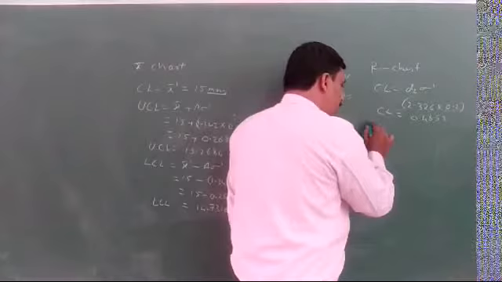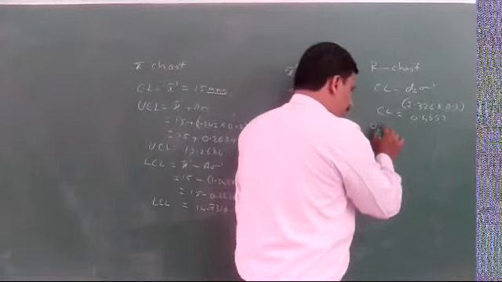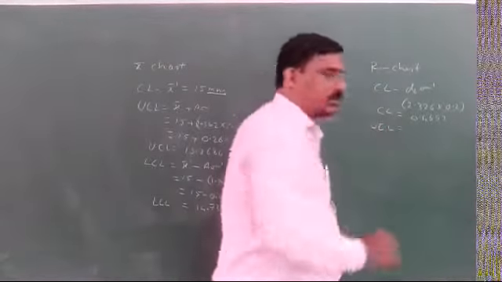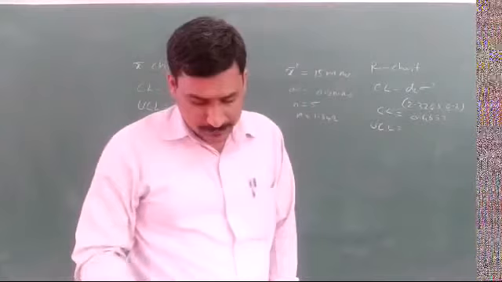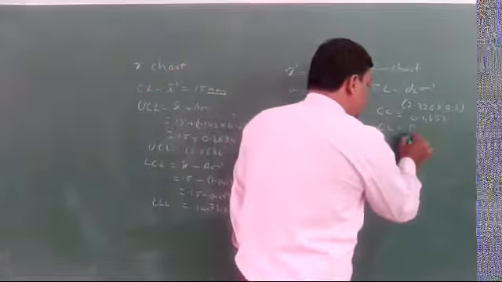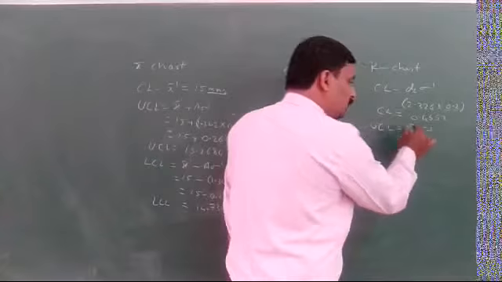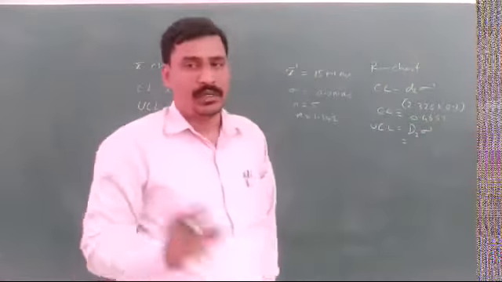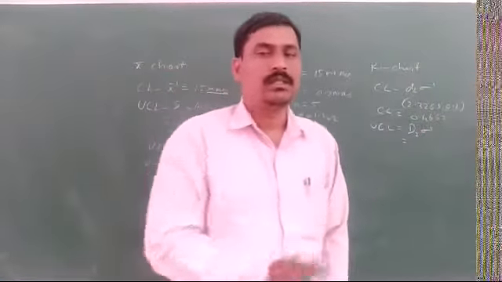Then the upper control limit formula is capital D2 sigma dash. Again this D value varies based on the sample size.